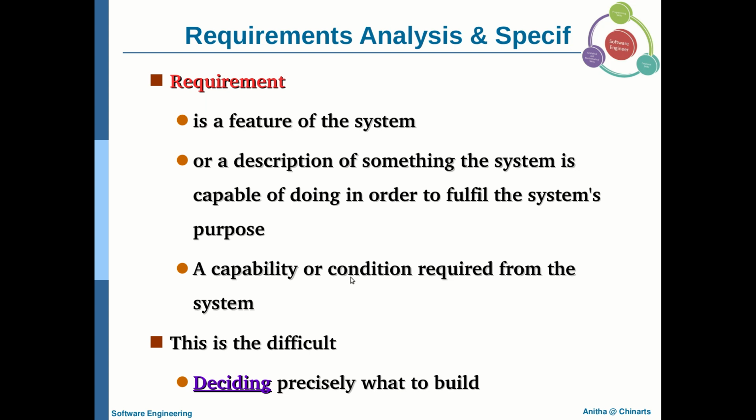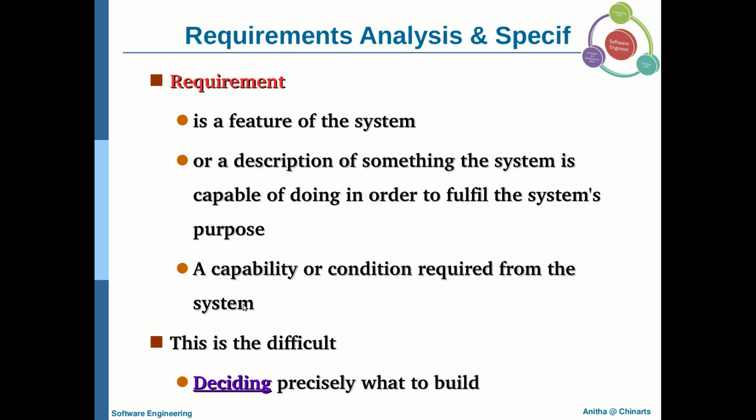Or suppose, for example, there is fingerprint reading for attendance marking; then it becomes a capability of that particular system, and that can also be called a requirement. So in general, any feature, business function or business process can be called a requirement. And whatever is described for fulfilling the system's objective can also be called a requirement or a capability of your system.